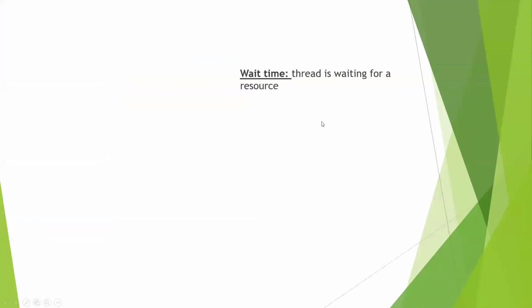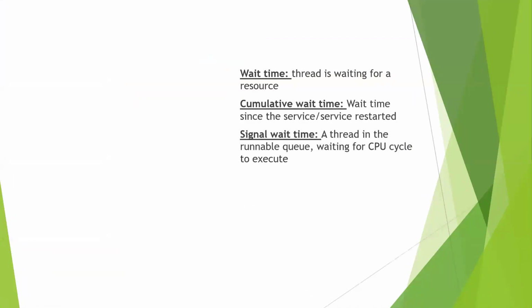Signal wait time. Signal wait time is when a thread in the runnable queue is waiting for CPU cycles to execute, right? Who is giving that signal? The signal is given by the thread which is currently running on the CPU. It gives a signal to the thread in the runnable queue, right?